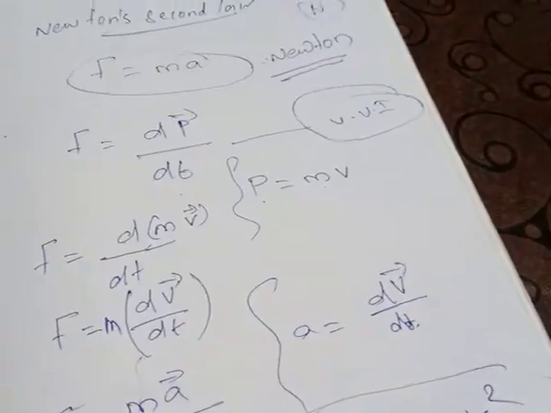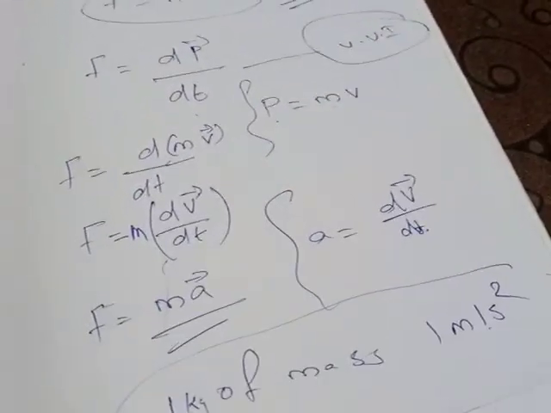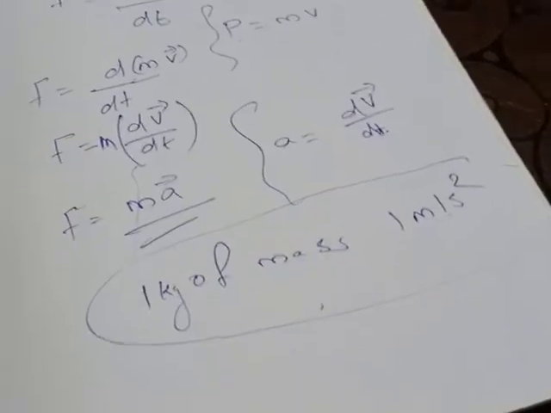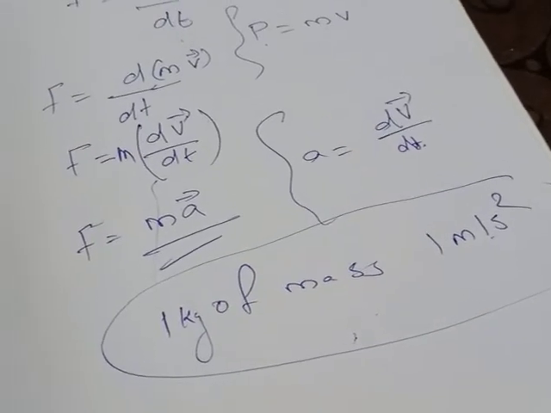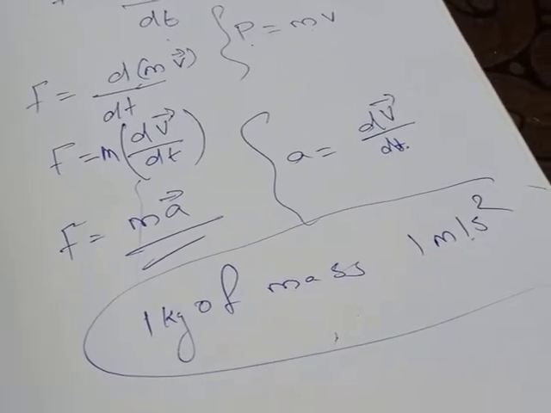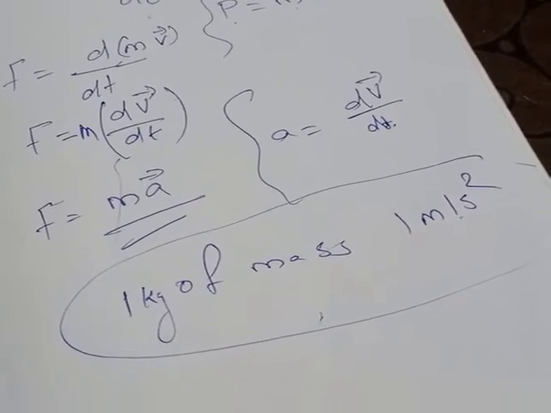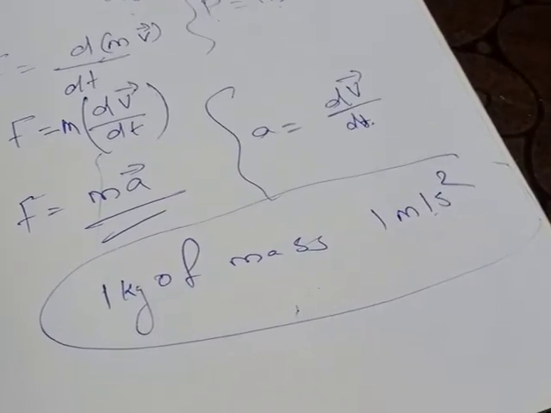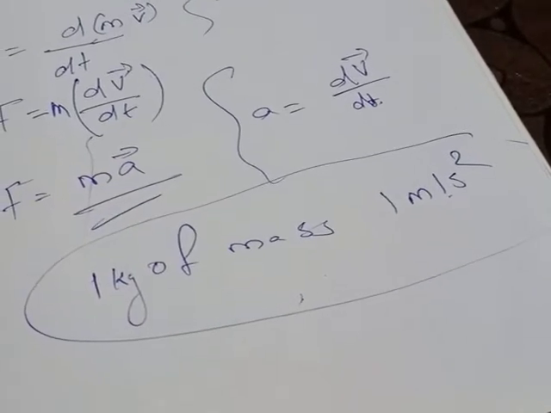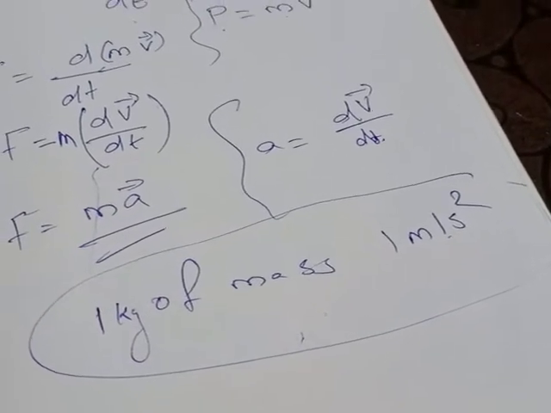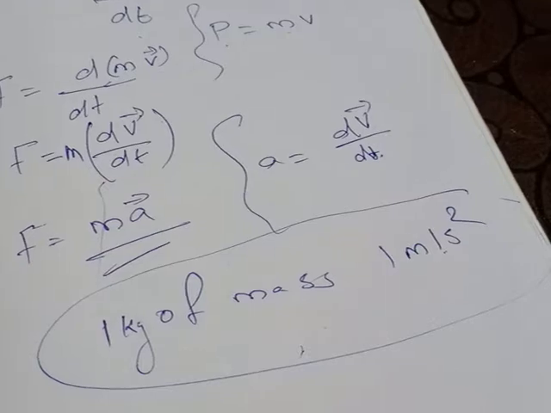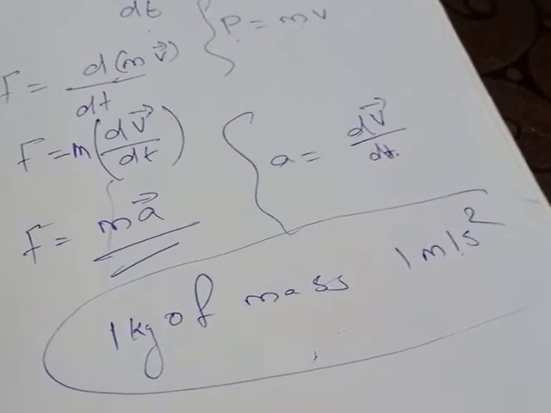And you can define this Newton. How? How much mass? 1 kilogram of mass. Assume that you have a mass of 1 kg, and that mass is given an acceleration of 1 meter per second square. That is 1 Newton.